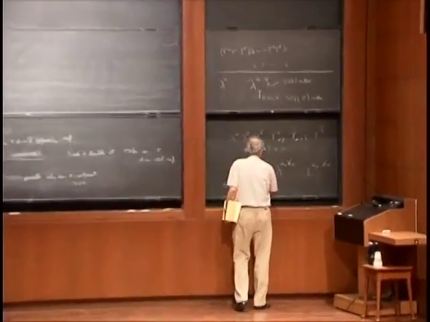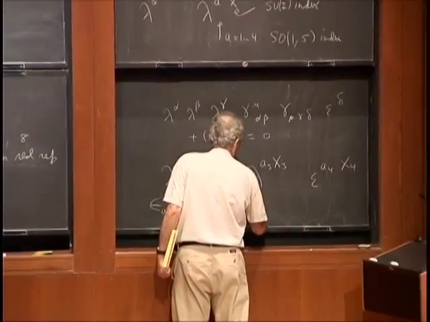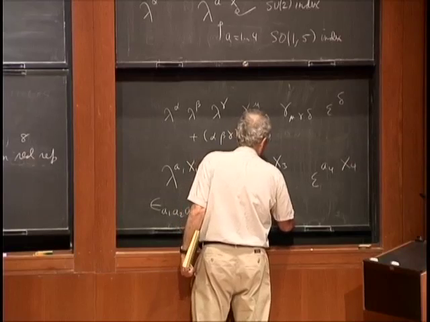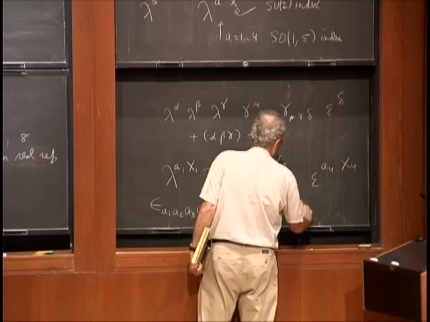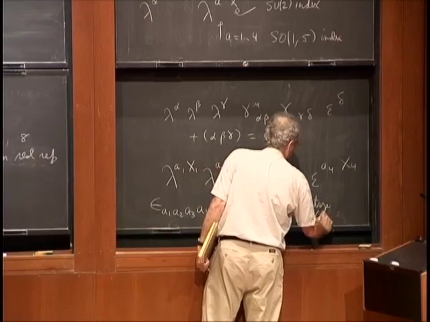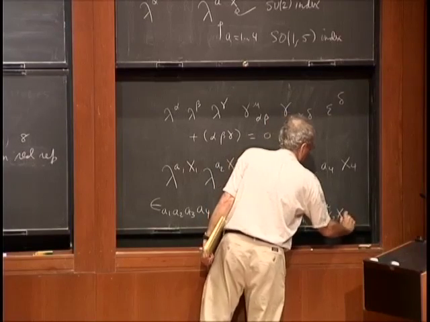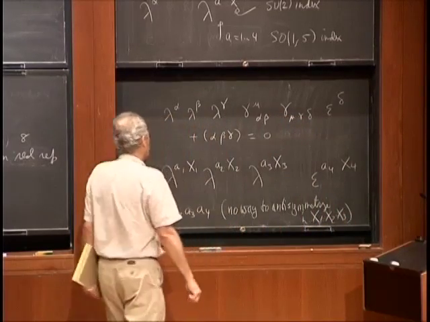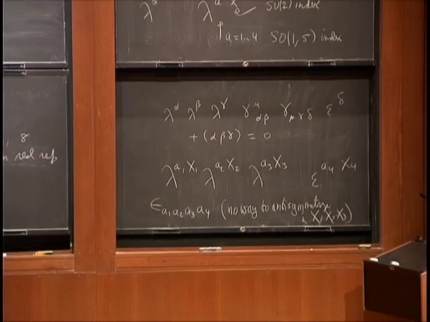So you see, there's no way to antisymmetrize in the SU2 indices. So therefore, this thing is 0, which completes the proof that the model was supersymmetric.